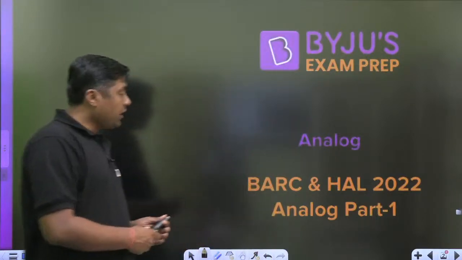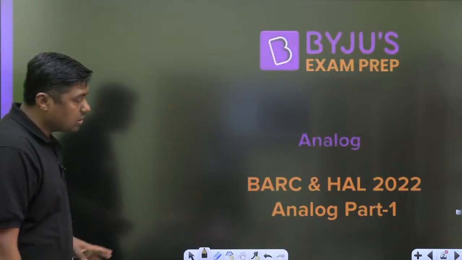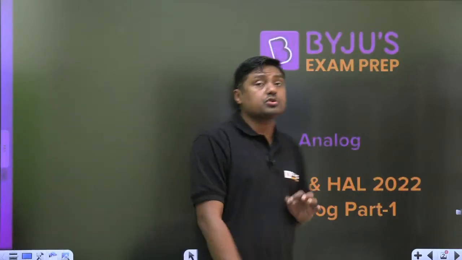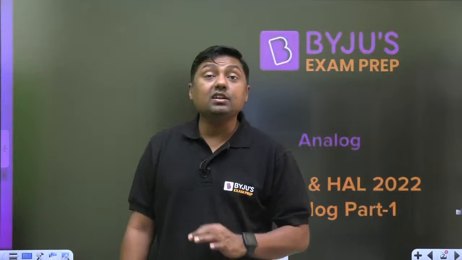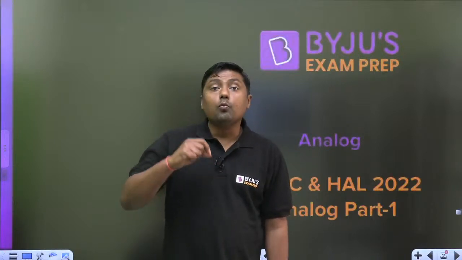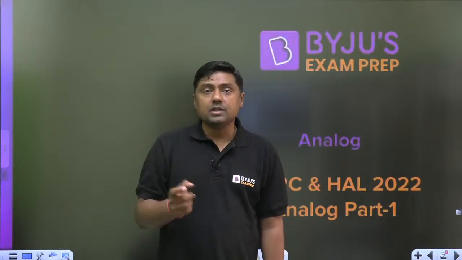Now guys, what about the analog? Analog is going to play a crucial role in your selection, with a number of questions from this topic. Which topics are important? Diode circuits, BJT and its application, special diodes like the Zener diode, MOSFET, and operational amplifier.